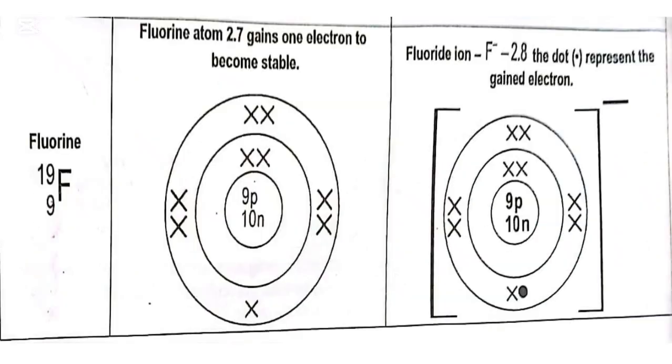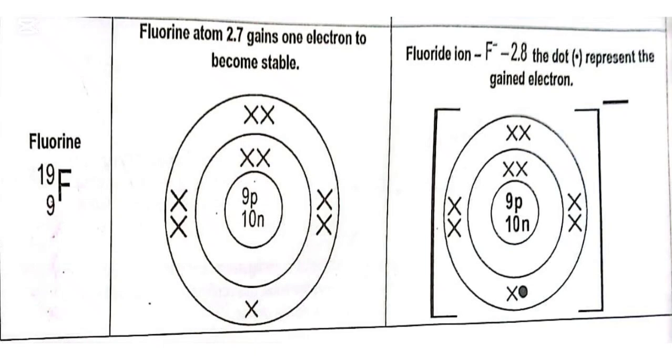In the second example, we have fluorine with a mass number of 19 and an atomic number of 9, which means that fluorine has 9 electrons. So they are arranged as 2.7. Now, fluorine has 7 electrons in the outermost energy level.